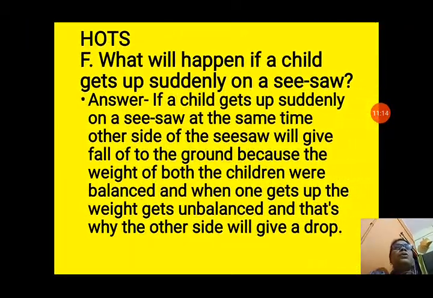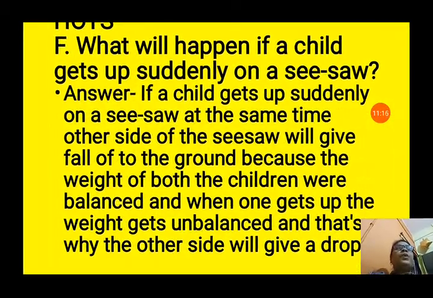Now, HOTS question answer F. The first question is, what will happen if a child gets up suddenly on a seesaw? You know that a seesaw is a first class lever and the fulcrum is in between the load and effort. If a child gets up suddenly on a seesaw, the other side of the seesaw will fall to the ground because the weight of both the children was balanced.